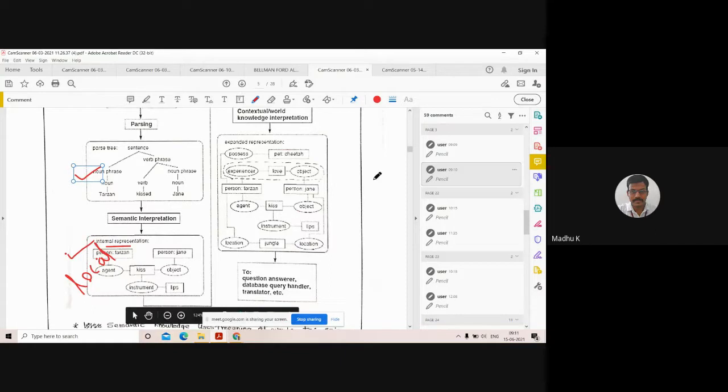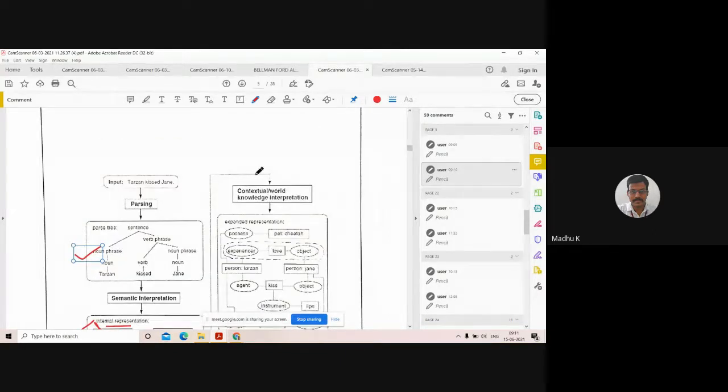Then the next phase: this local representation is given to the next phase, which is contextual or world knowledge interpretation. In that phase, we will add more world knowledge to this local representation, and it is called the expanded representation.